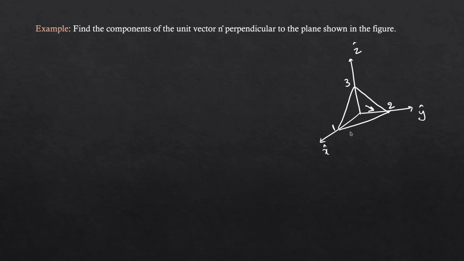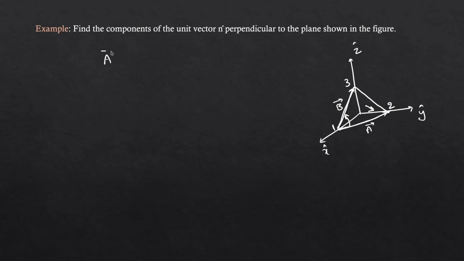So how can we do that? If I say these are two vectors, let's say this is vector A and this is vector B. Their cross product, if you take the right hand thumb rule, will be coming out of that plane.